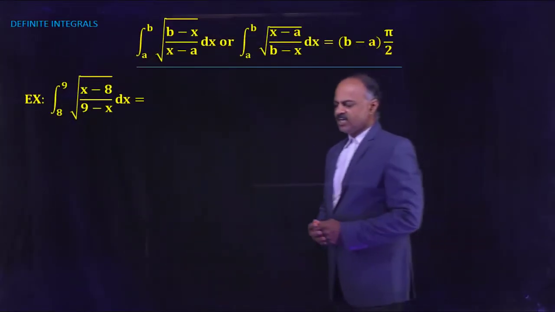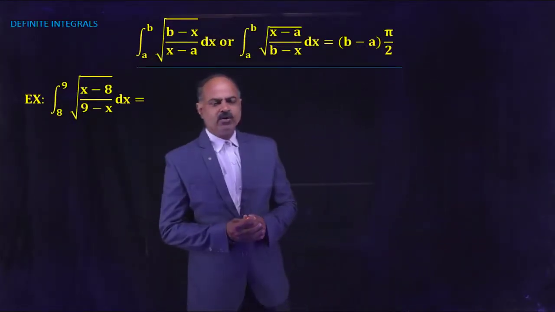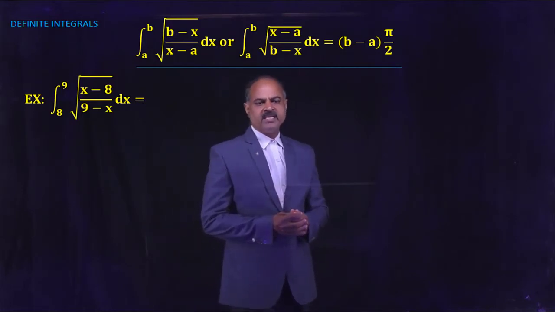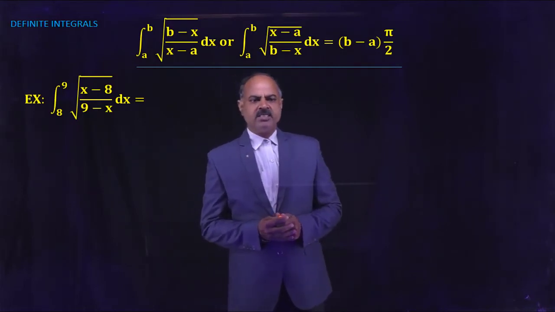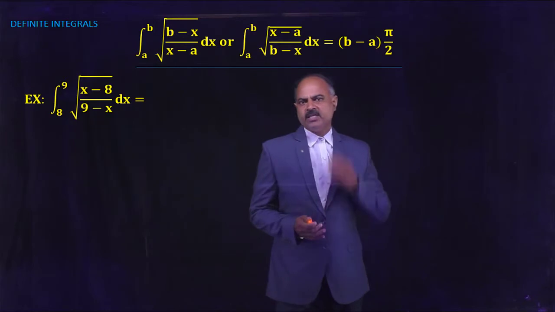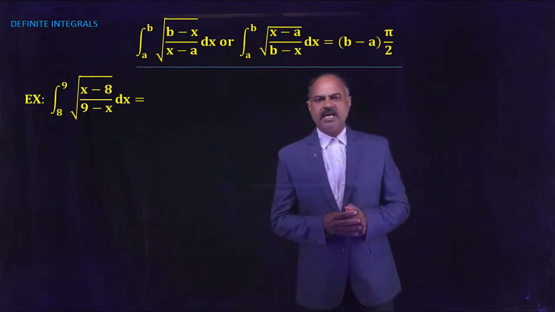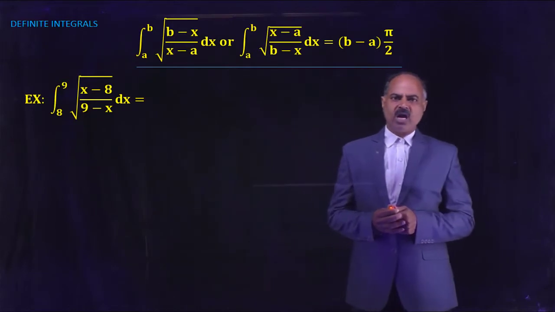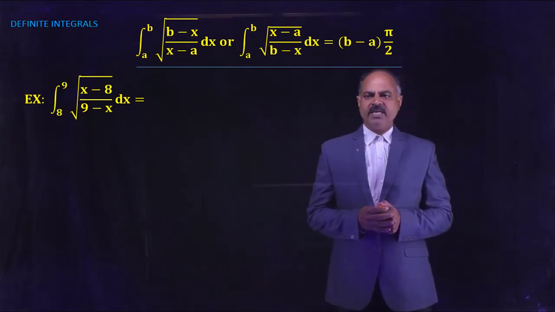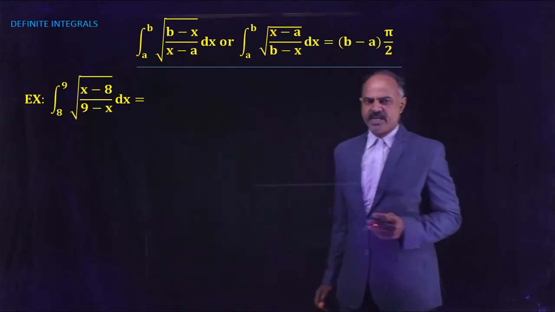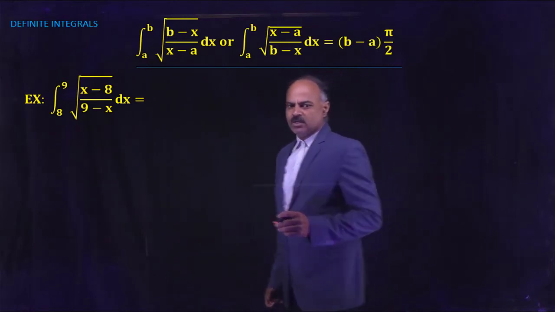Next shortcut formula: integral a to b square root of (b minus x) by (x minus a) dx, or integral a to b square root of (x minus a) by (b minus x) dx, equals (b minus a) into pi by 2.